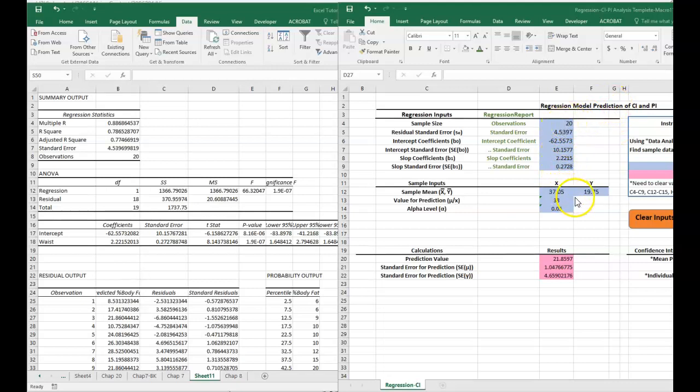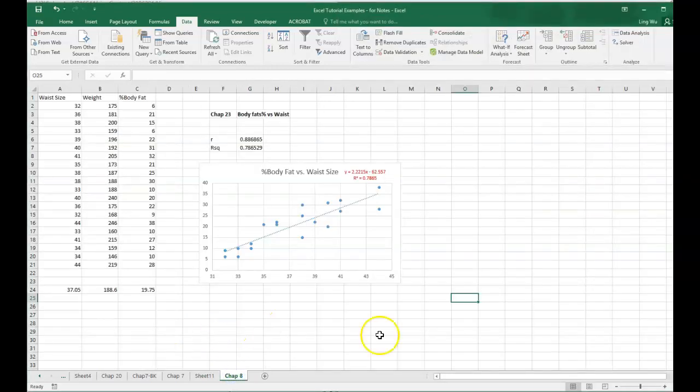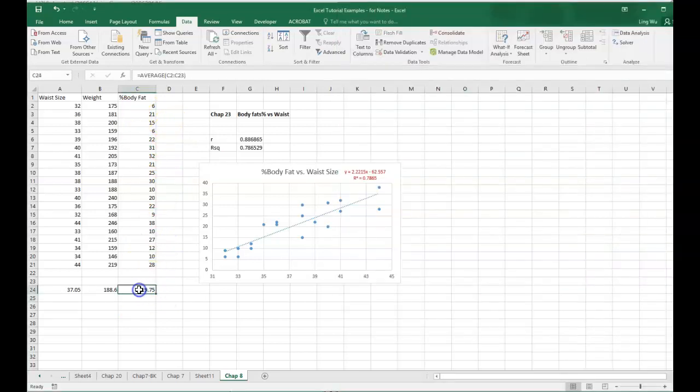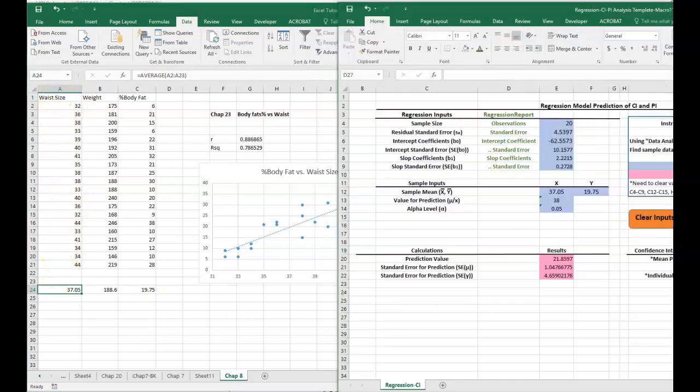To do the prediction, we also need the mean value of the sample data X and the mean value of the data Y. We get these from our data sets. Instead of doing all the calculations, the simple way is to get the average of the percentage body fat and the average of the waist size, and then fill in these two values.